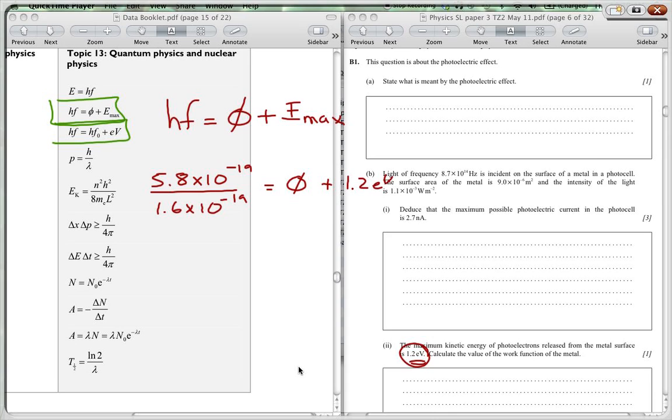Now you can see when you cancel, we're going to get 5.8 divided by 1.6 minus 1.2, and your work function works out to be about 2.4 eV. If you had put this into joules, you would have 2.4 times 1.6 times 10 to the negative 19, and you'll get your answer in joules, and that will equal your work function.